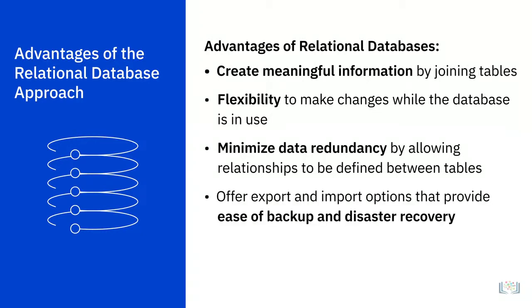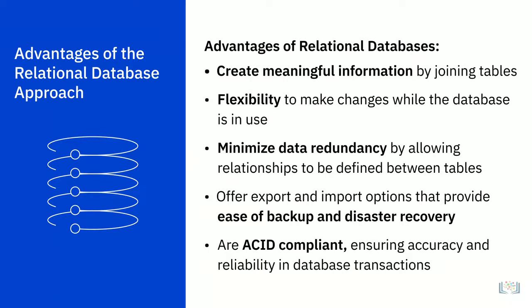Ease of backup and disaster recovery. Relational databases offer easy export and import options, making backup and restore easy. Exports can happen while the database is running, making restore on failure easy. Cloud-based relational databases do continuous mirroring, which means the loss of data on restore can be measured in seconds or less.